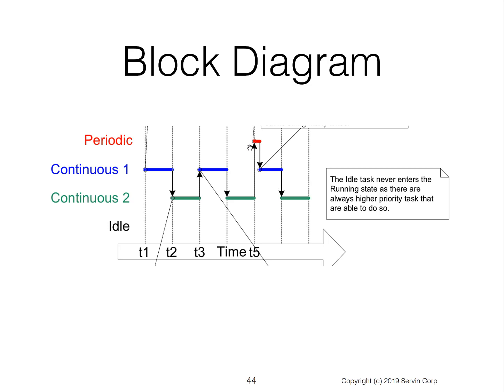So the point is, this higher priority task, when its time has expired, will definitely be able to run, and then when it hits the delay and enters the blocked state, it gives the rest of the time to the other tasks.